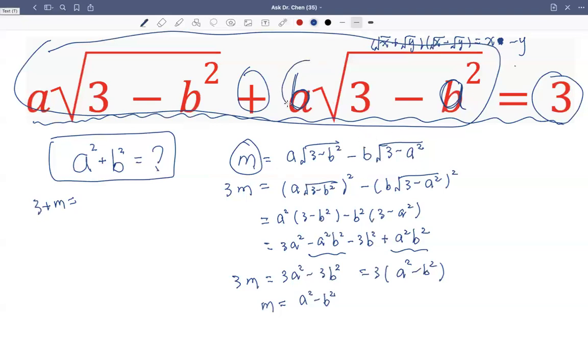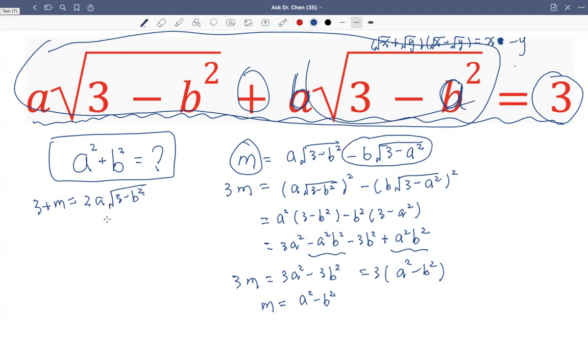You see this term is a positive term and this is a negative term. So those two add up to be 0. So we're left with the first term, right? A radical 3 minus b squared plus a square root of 3 minus b squared. So we get 2a square root of 3 minus b squared, right?